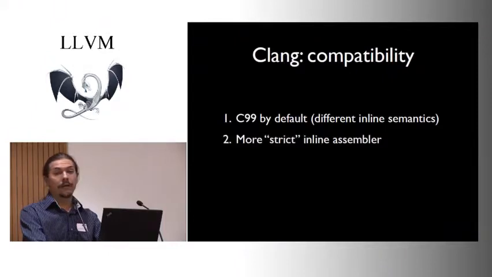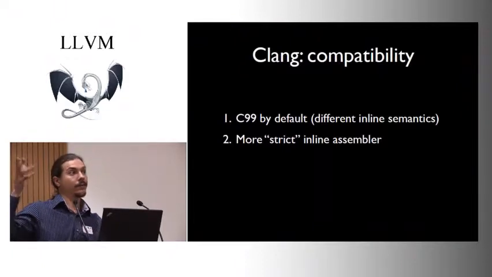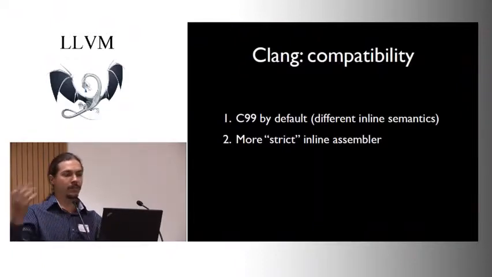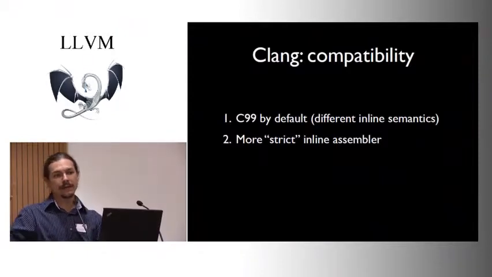Also, in the LLVM world, the inline assembler is more strict compared to GCC's. People tend to do various ambiguous stuff with inline assembler. For example, declaring some operand with a constraint specifying that the variable should go into 64-bit registers, but providing just a 32-bit variable as an argument.